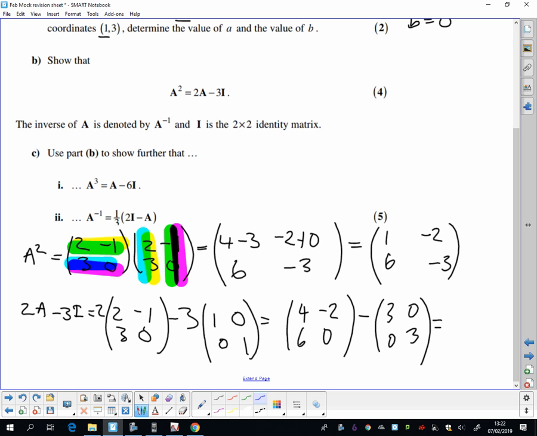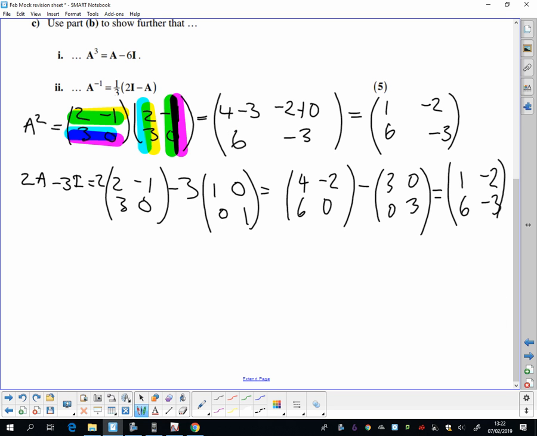And remember, when we do subtraction, we just subtract the corresponding elements. So that's 4 take away 3, -2 take away 0, 6 take away 0, and 0 take away 3. As you can see, those two things are the same. So A squared is 2A subtract 3I as required.